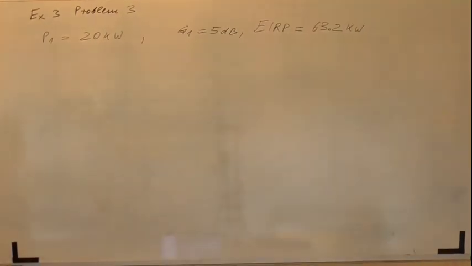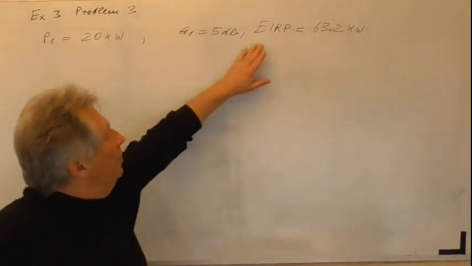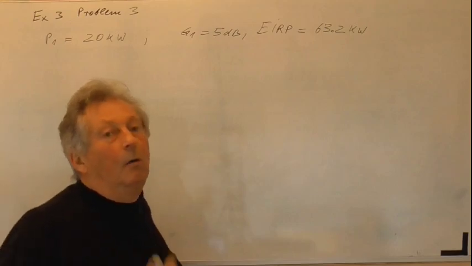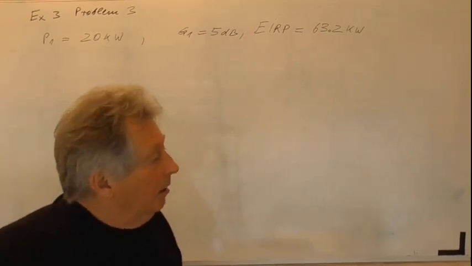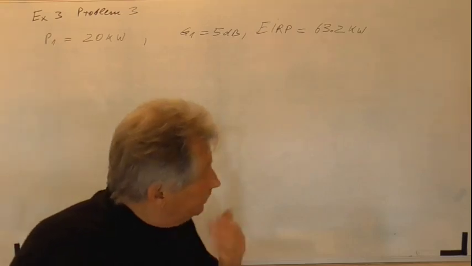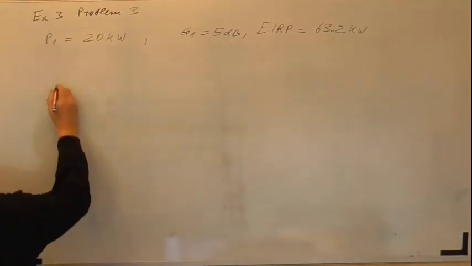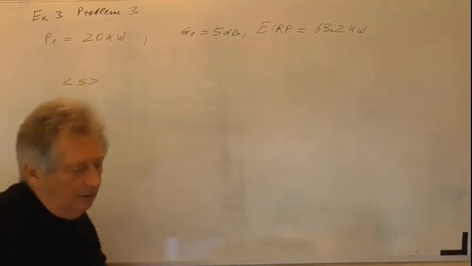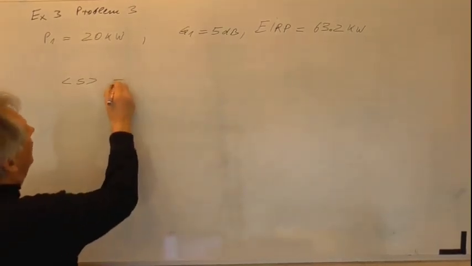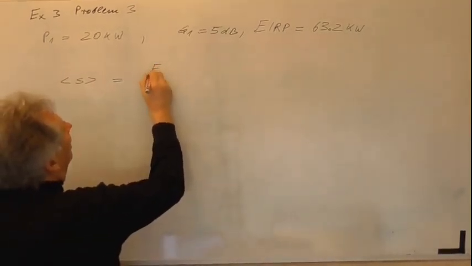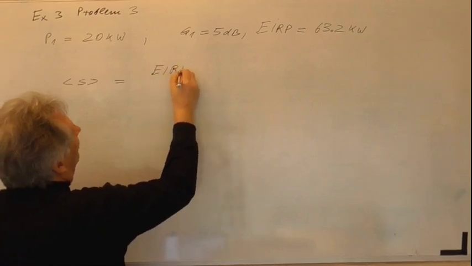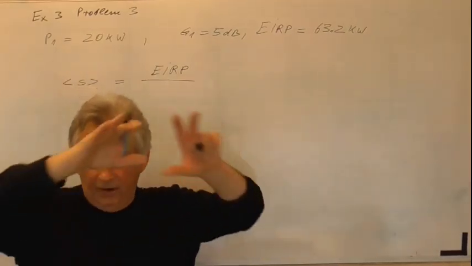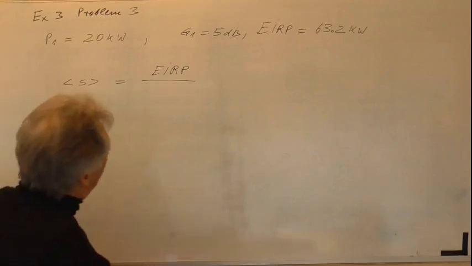As soon as we know the isotropic radiated power, then we can assume our isotropic point radiator, and we know that the time averaged power density will be equal to the isotropic radiated power divided by the area of the sphere at this certain distance.